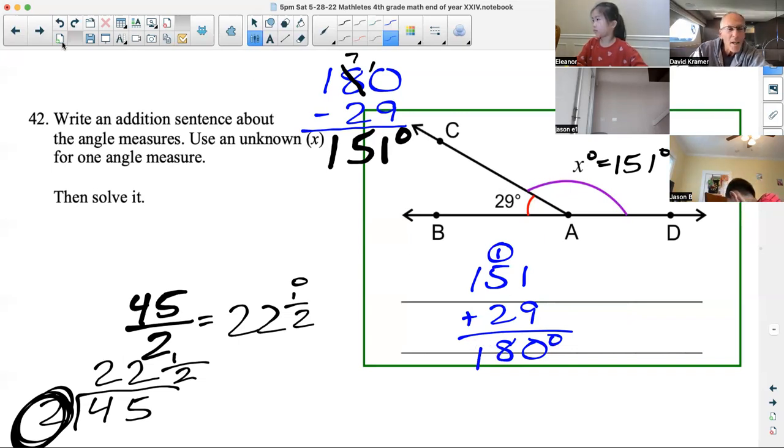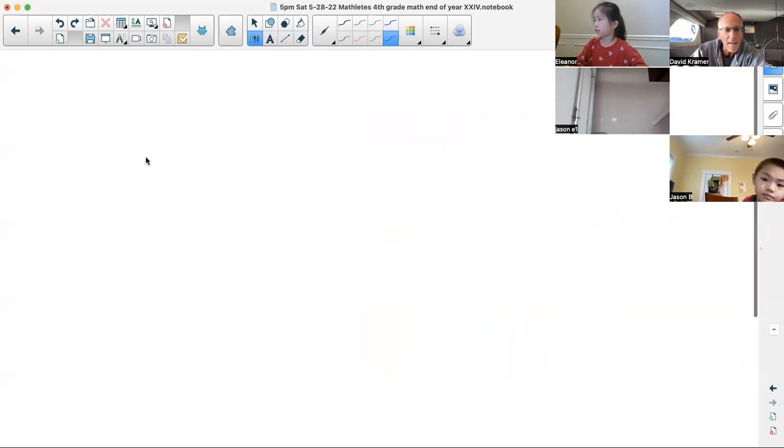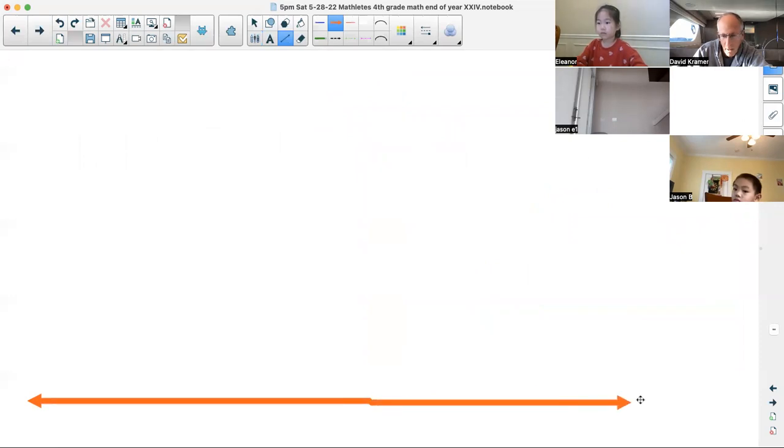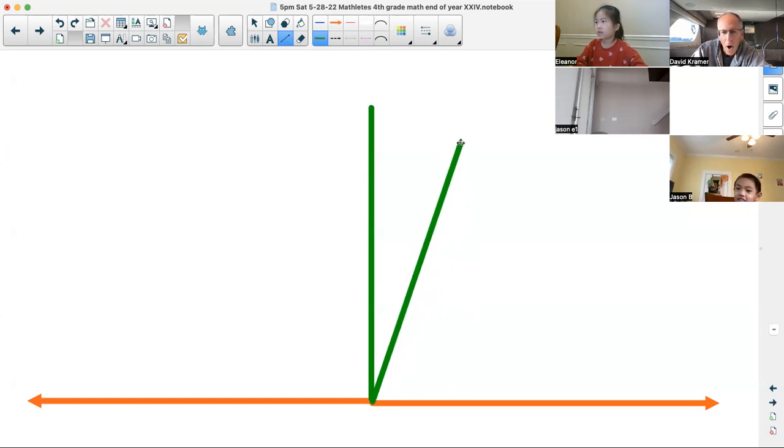Now, let's do one more thing that could be a lot of fun. And I don't know if you've ever tried this before, but let's go. And all I'm going to do is draw the second orange line. It might be off slightly by 1 degree.